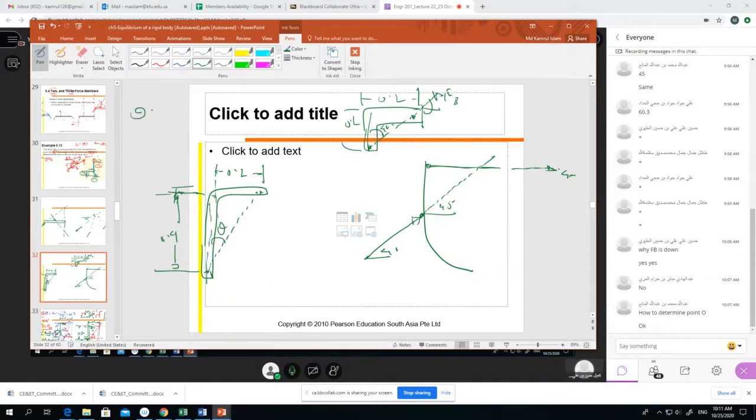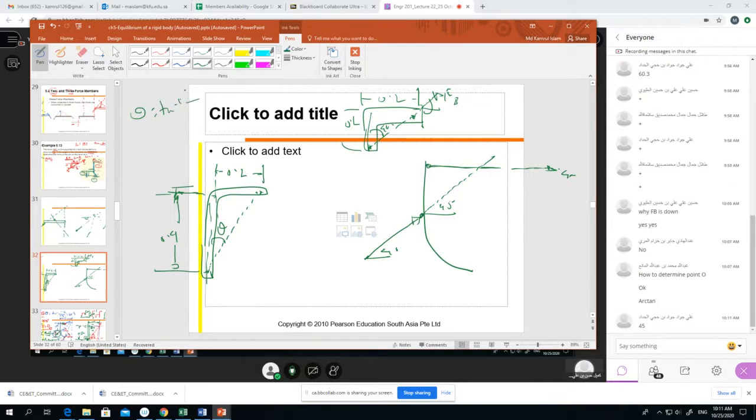Tan theta, tan inverse, 0.2 by 0.4. What is the angle? Can you tell me, please?